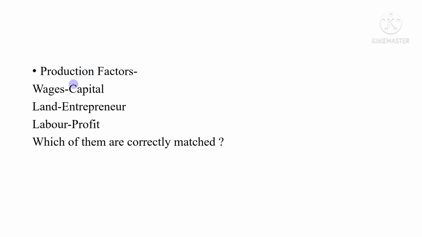The next question is on production factors. We have to find out which of them has been correctly matched. Wage is matched with capital, land is matched with entrepreneur, labor is matched with profit. You have 5 seconds to think about it and answer in your mind. The correct answer for this question is none of them.